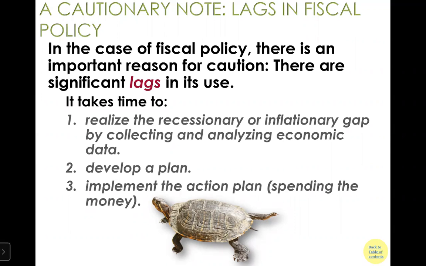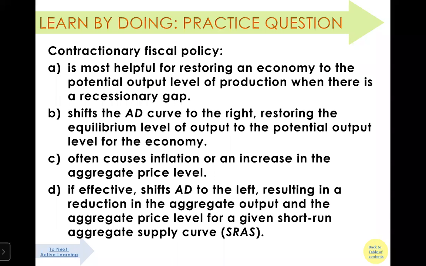Secondly, we need time to develop a plan. And finally, even though the plan has been passed by Congress and we have resources, it still takes time for the actual plan to take effect, right? So that's fiscal policy.